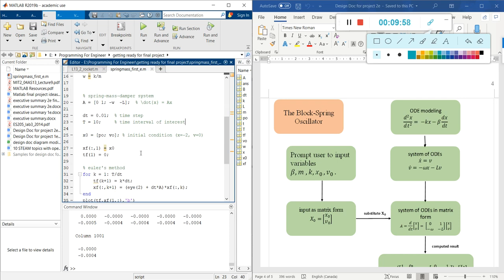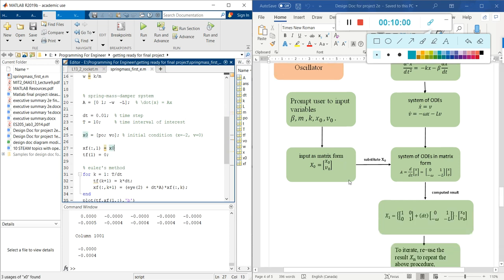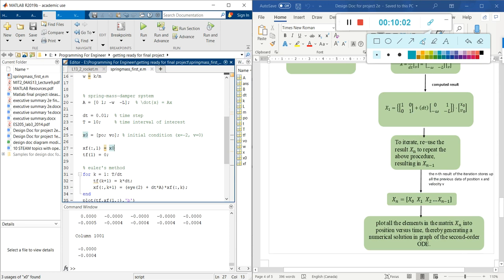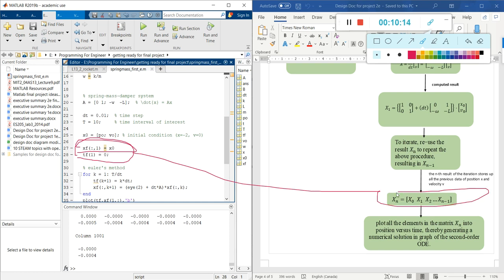And I try to collect all the consecutive steps into a vector. This is a vector, as you can see here. I try to collect them, and that's why I need a for loop.